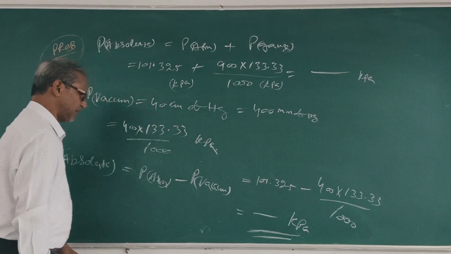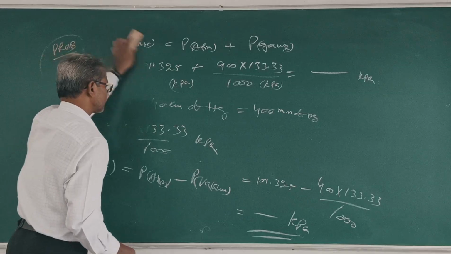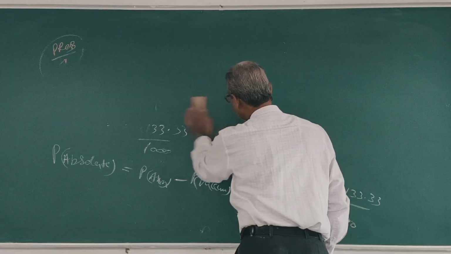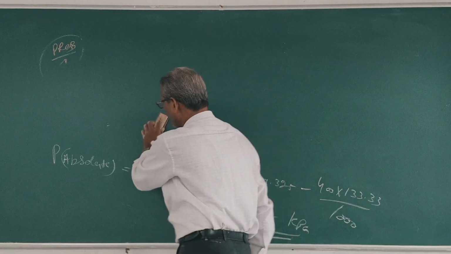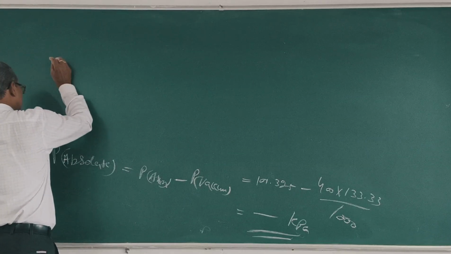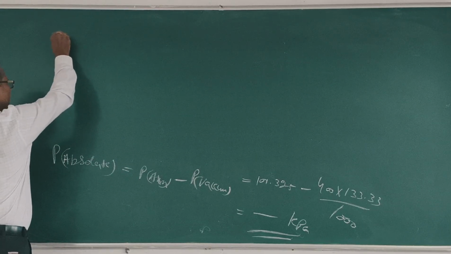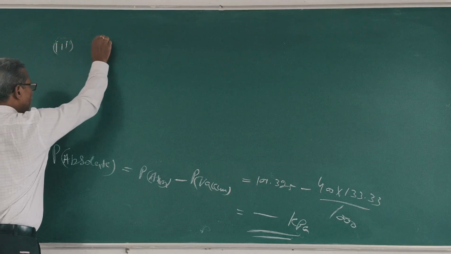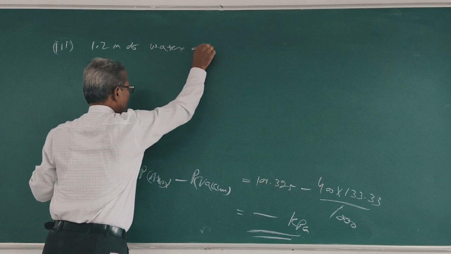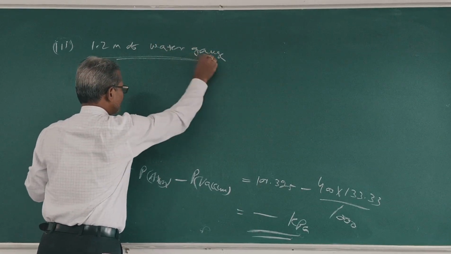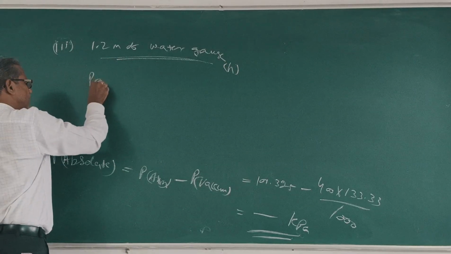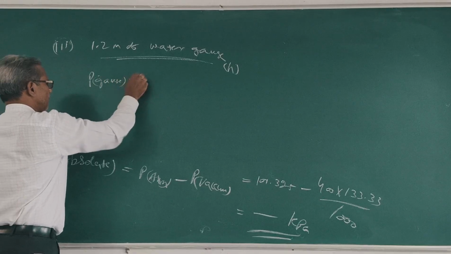Next, number 3. 1.2 meter of water gauge. Means this height of the water. So what is P gauge? What is gauge pressure? w h.